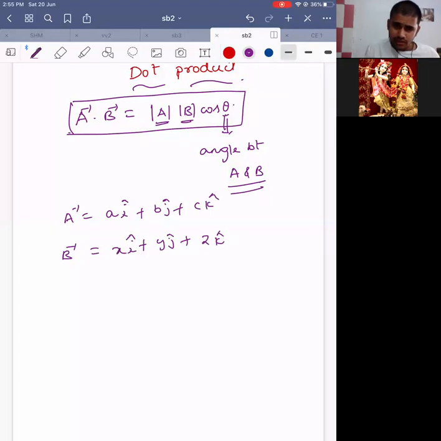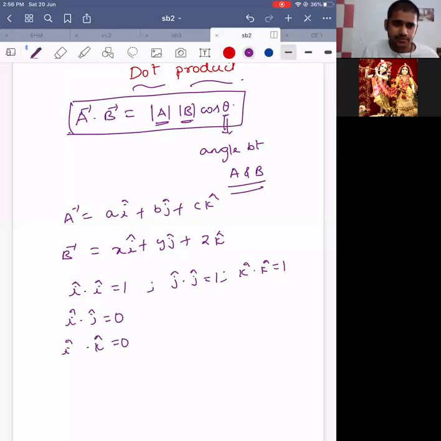The dot product notations follow as they are: i cap dot i cap is equal to 1, j cap dot j cap is equal to 1, k cap dot k cap is equal to 1. In all other cases, the value is 0, which means i cap dot j cap is equal to 0, i cap dot k cap is equal to 0.